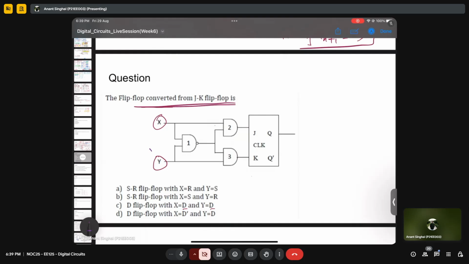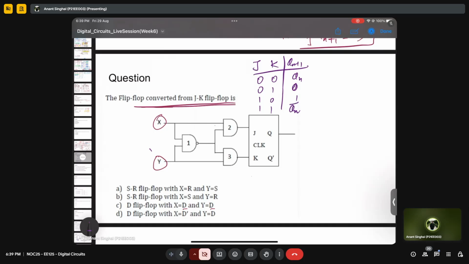For these types of problems, you should always remember at least the truth table of the JK flip flop. You should always have this in your mind: Q is 0, 1, and Q complement.